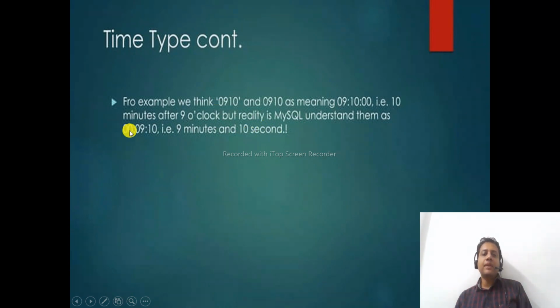So for that we will mention 000910. That basically means 9 minutes and 10 seconds have passed. But as I have told earlier, if you take the example of 9 AM, so we will mention 091000, that is 9 hours 10 minutes 00 seconds.